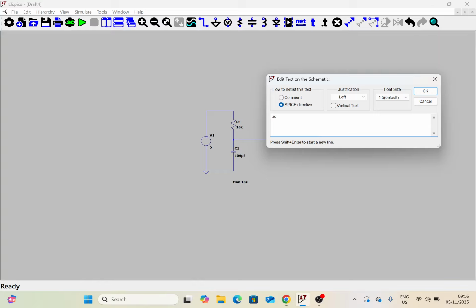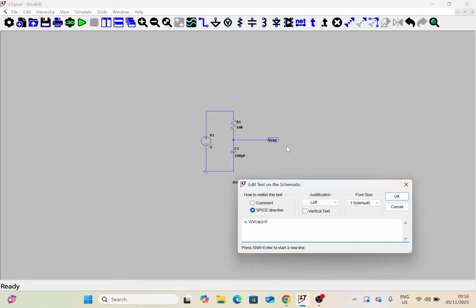So the .ic stands for initial conditions, and I want to set the initial condition of the voltage across V cap to be equal to 0. Look at it again. The net label I added at this point is called V cap. And I want to tell the simulation that while it is starting, it should assume that the voltage across this capacitor is 0.